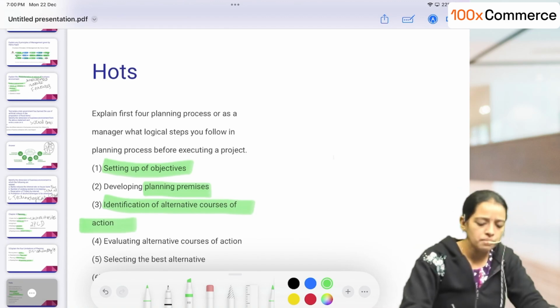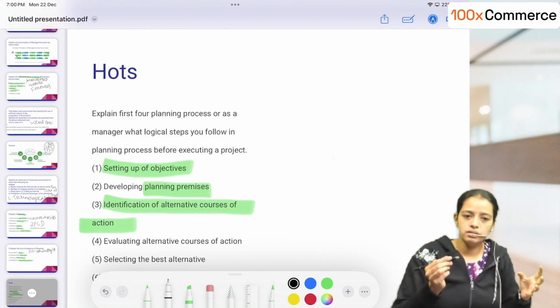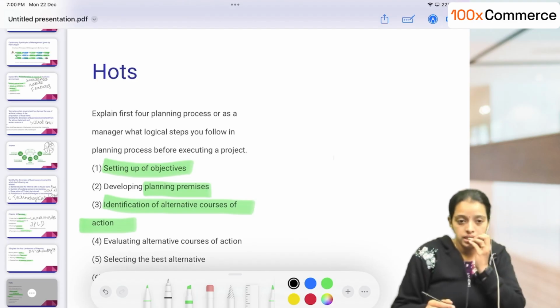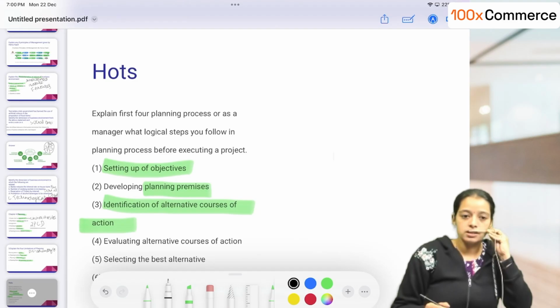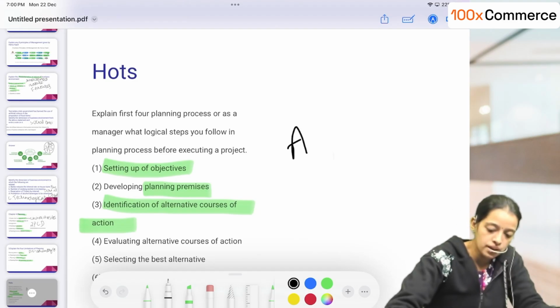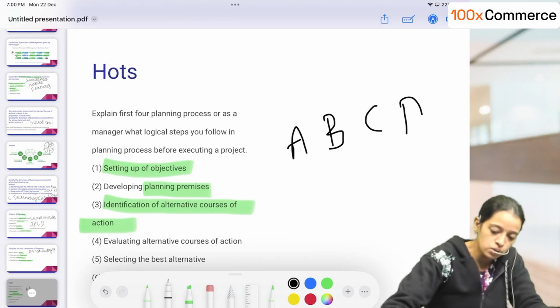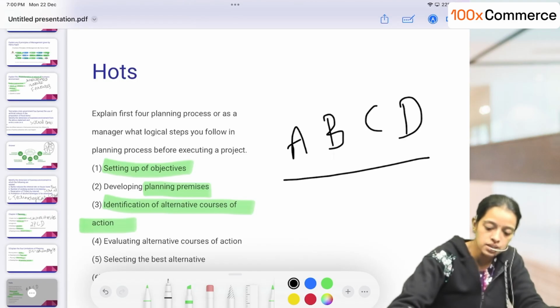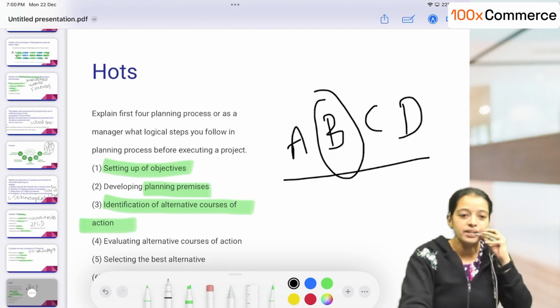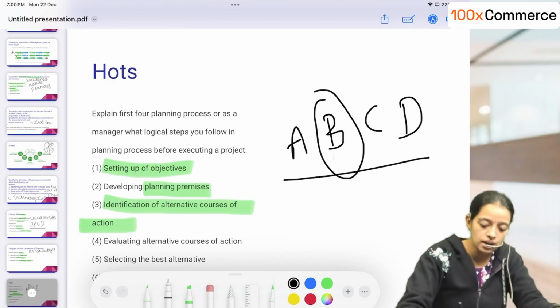Once the manager sets up the objective and starts thinking about the futuristic aspect, next he will start preparing certain plans, out of which he will be selecting the best one. That is selection of the best alternative.